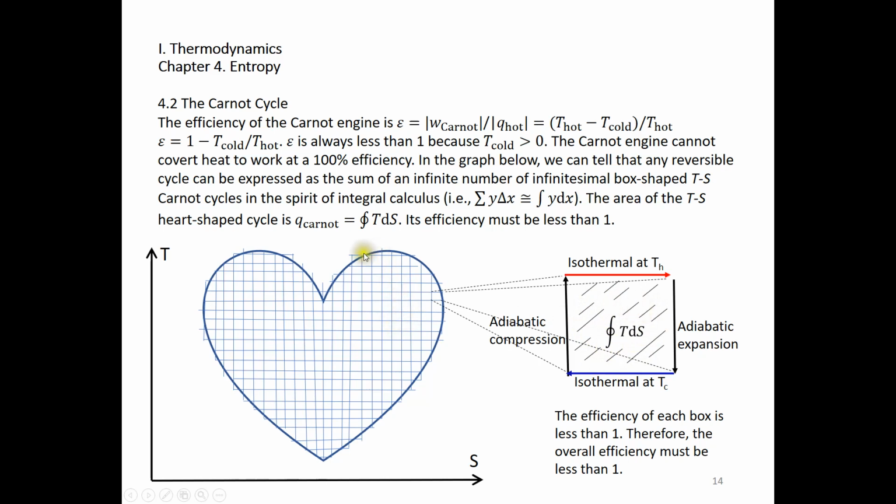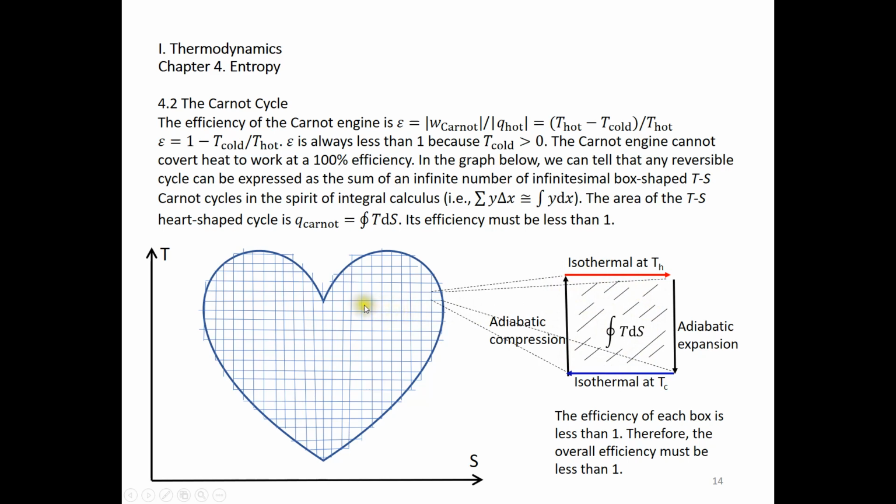So we can just divide this arbitrary process into an infinite number of rectangles, and the area inside this arbitrary process is equal to the sum of the areas of all those rectangles, and each rectangle is a Carnot cycle, and in each rectangle you have this Q and this W.